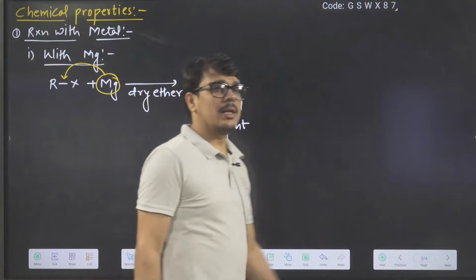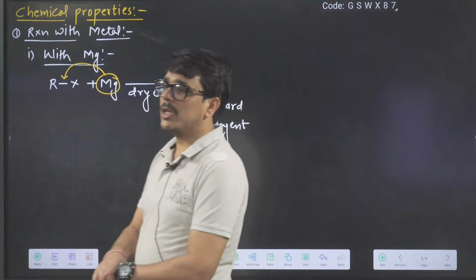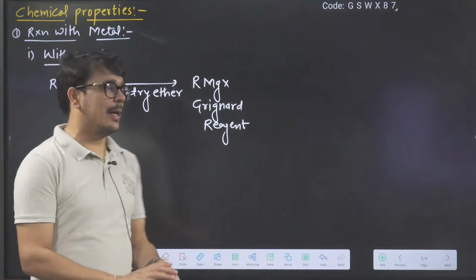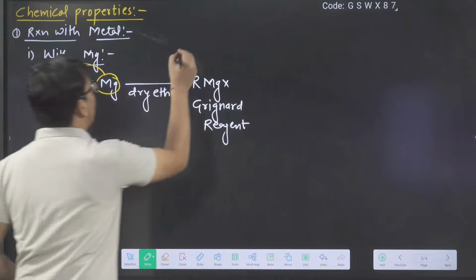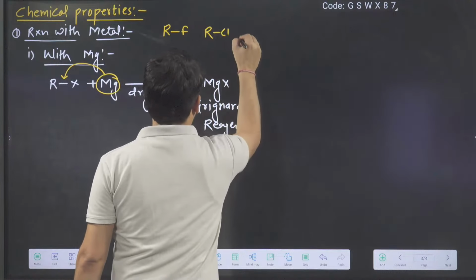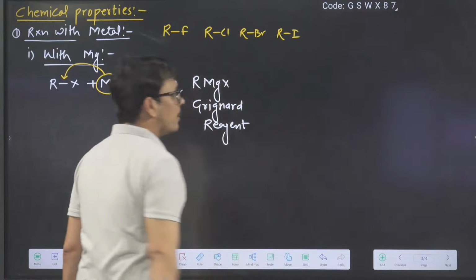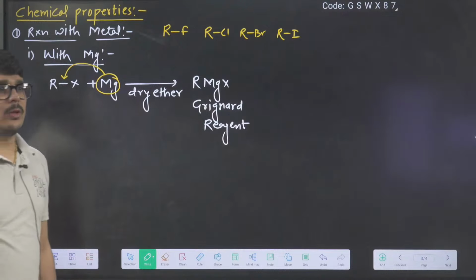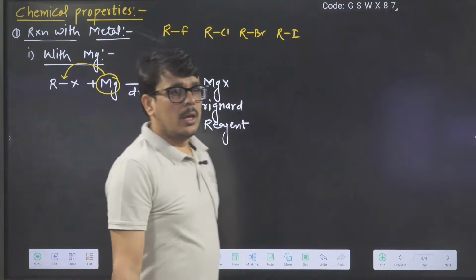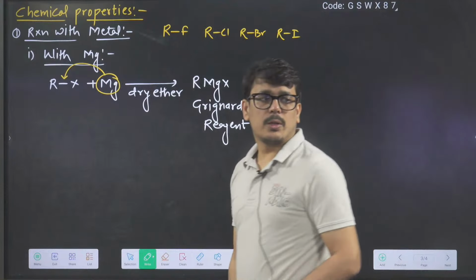If we are having RF, RCl, RBr or RI, among all these cases where will this be easy to insert? Fluoride, chloride, bromide, iodide. In which one most easy to insert? This one. Very good, iodide.